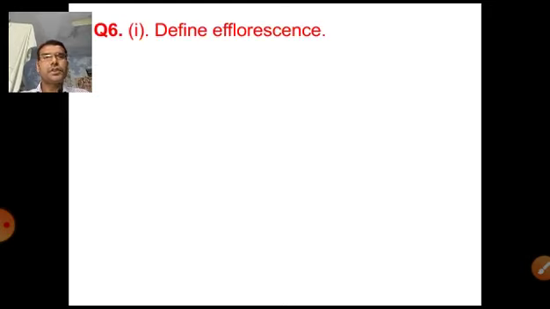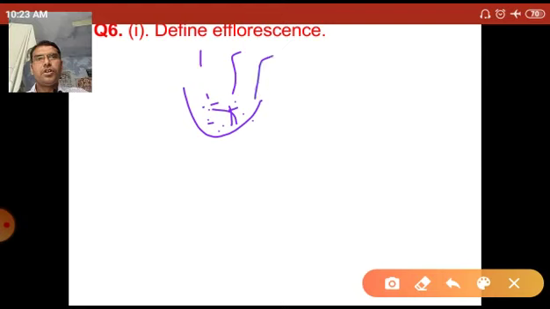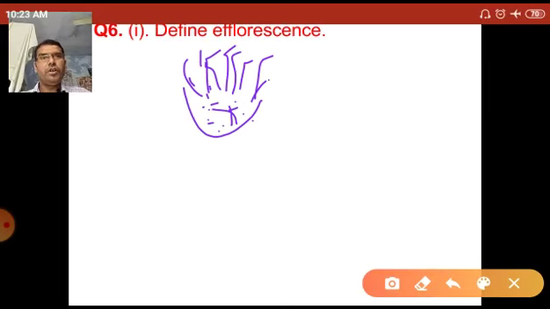Next question: define efflorescence. As you know, when a hydrated salt is exposed to the atmosphere, that hydrated salt loses its water of crystallization partially or completely. That phenomenon is called efflorescence.